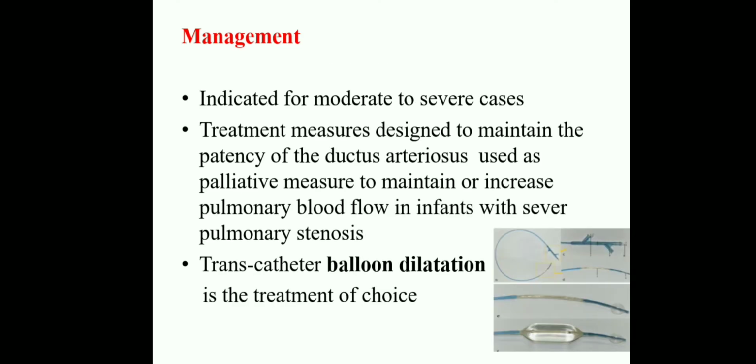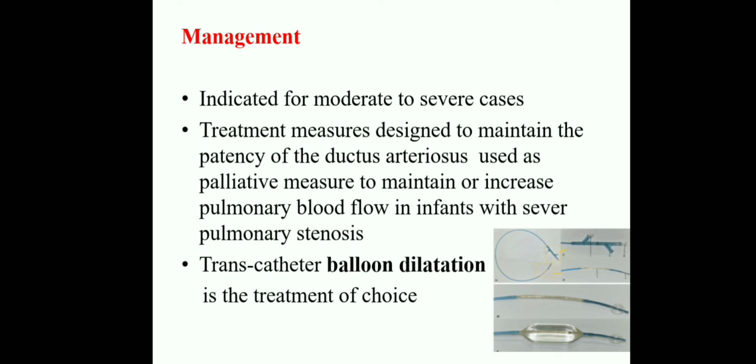Okay, and coming to the management, for moderate to severe cases the treatment measures are designed to maintain the patency of the ductus arteriosus, used as a palliative measure to maintain or increase pulmonary blood flow in infants with severe pulmonary stenosis.